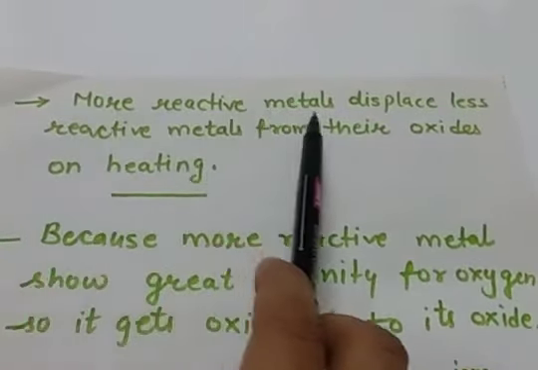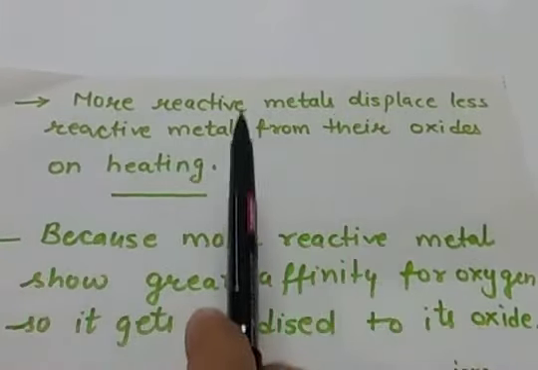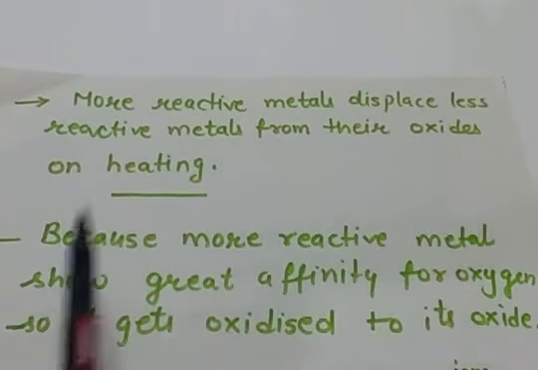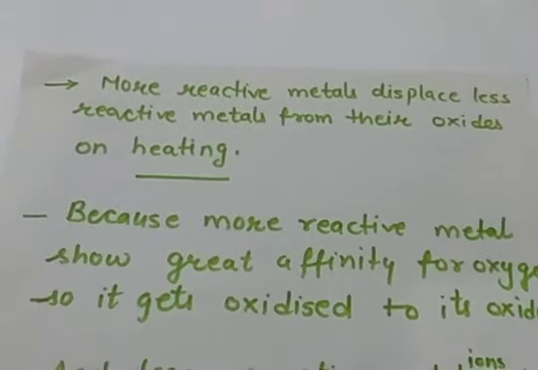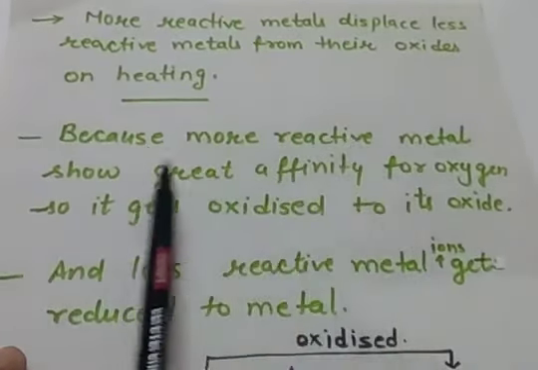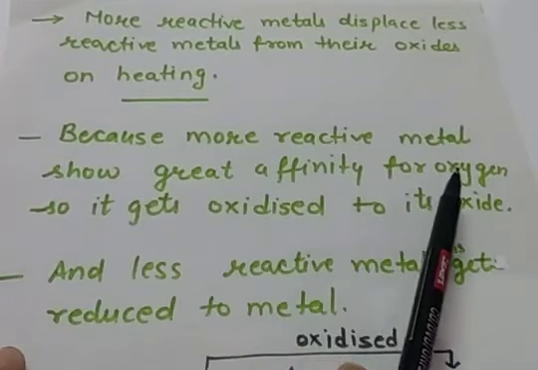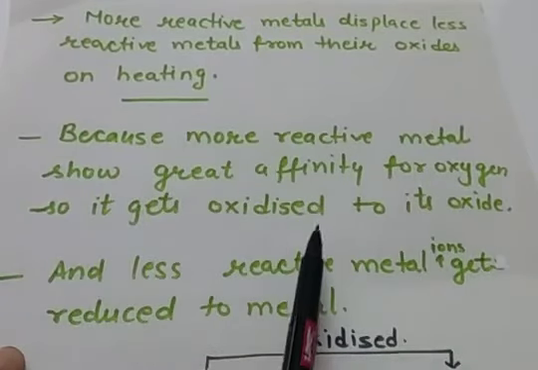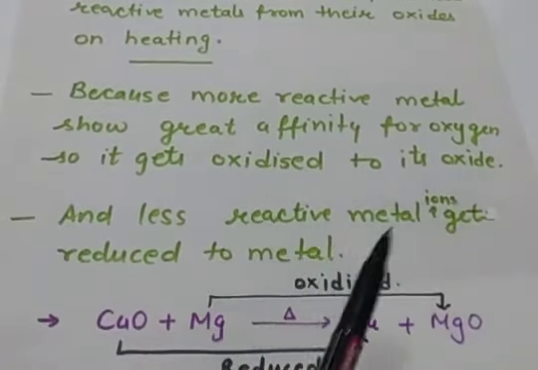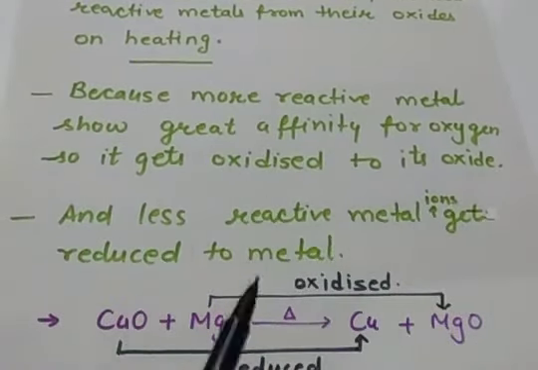More reactive metals displace less reactive metals from their oxides also on heating, because more reactive metals show great affinity for oxygen and hence get oxidized to their oxides. The less reactive metal ions will get reduced to metal.